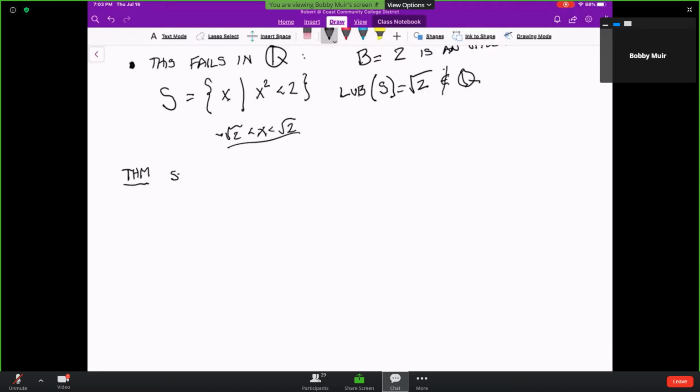Suppose, well, hold on, before I do theorem, we need a couple definitions here. Okay, so definition. We say a sequence AN is monotonic if it is increasing or decreasing.